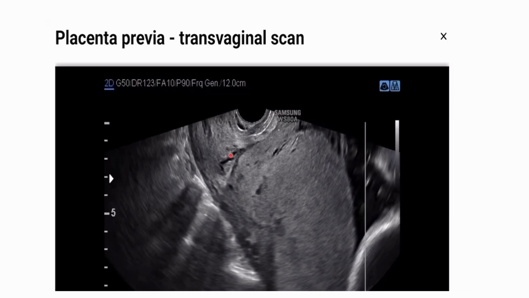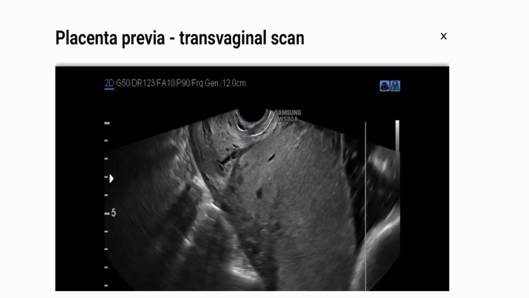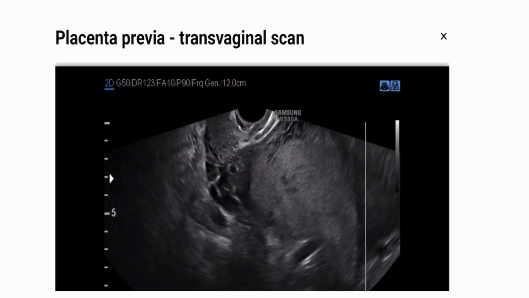Now we've already seen the transvaginal scan one. The placenta is the whole of this, and then the cervix is here, so it's covering the os.